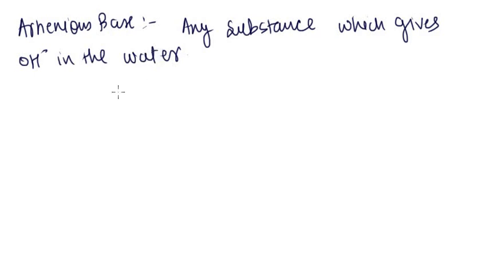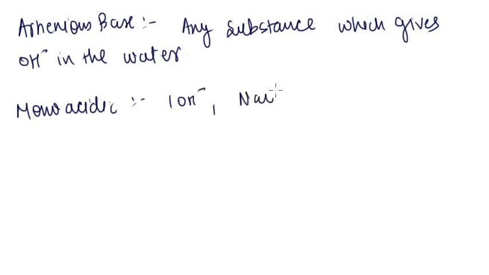Now it also has 3 categorizations. We wrote monobasic for acids; here we write monoacidic, which releases 1 mole of OH minus, like NaOH, KOH, NH4OH.